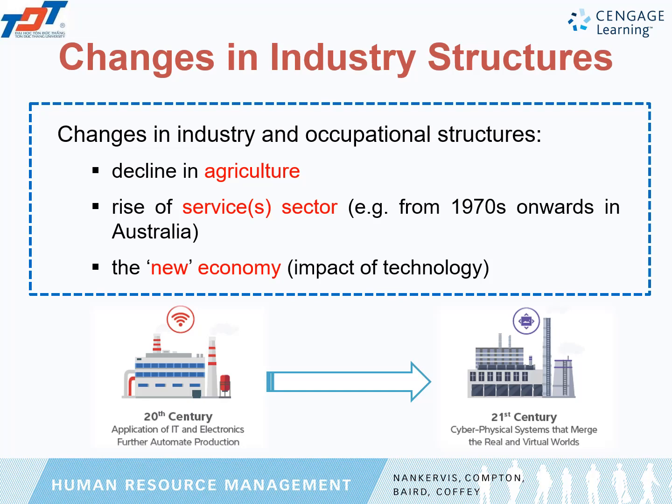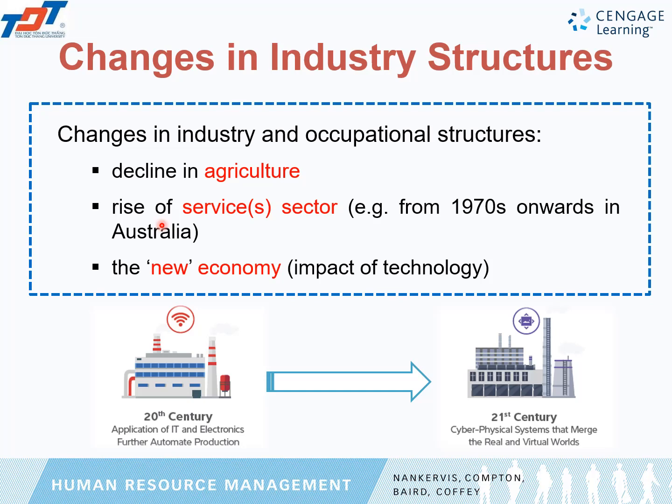This is very briefly discussed within the book, and chapter number 2 in particular. As I've already said, the book that we are using for this course is mainly based on the case of Australia. Australia, just like most other developed economies, went through the same industry structural changes. The decline in agriculture we've also seen in Australia, and interestingly, since the 1970s, there has been a rise of the services sector.